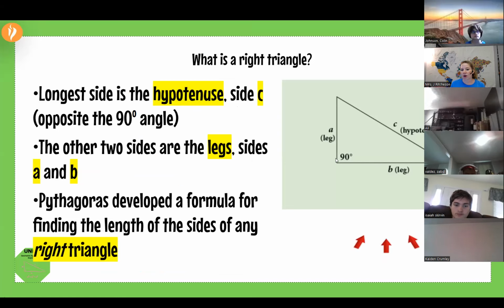Good, Isaiah, number 1 is right. Good, Darius. Kaden, send me some answers. Claire, send me some answers. Colton, correct.